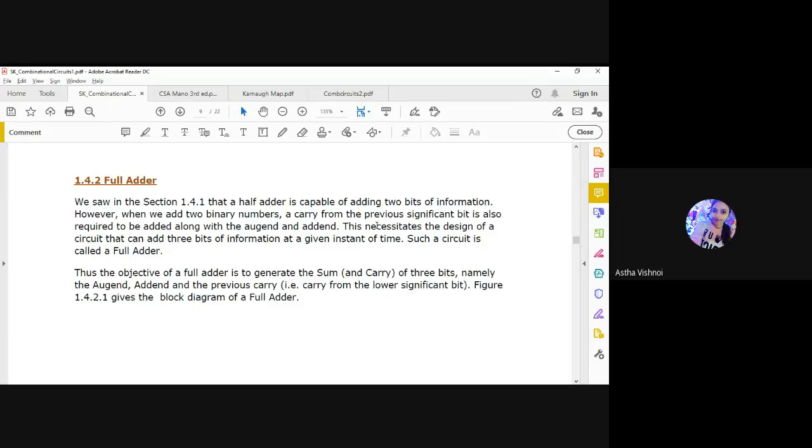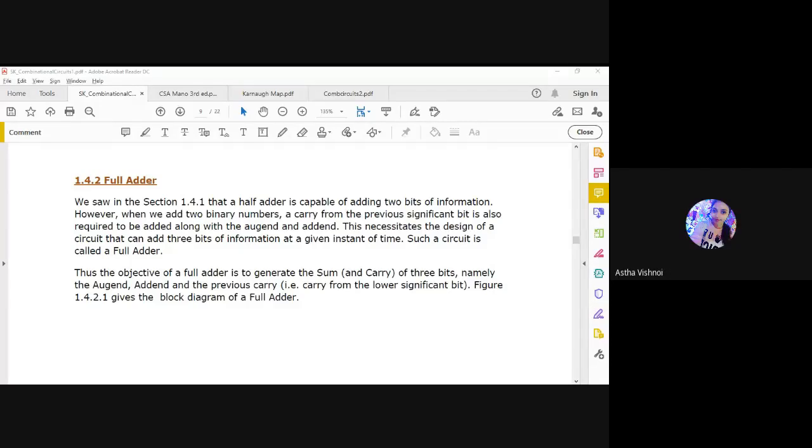We saw in section 1.4.1 that a half adder is capable of adding 2 bits of information. However, when we add two binary numbers, a carry from the previous significant bit is also required to be added along with augend and addend.